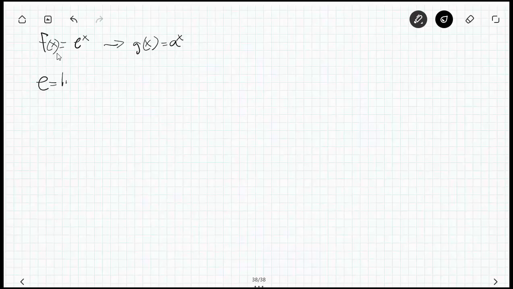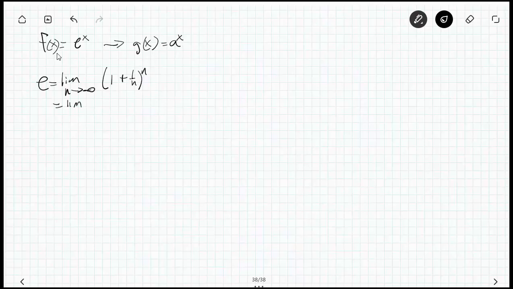e is defined as the limit as n goes to infinity of 1 plus 1 over n to the n. That is e, okay? This is how Euler defined it, e after Euler. Don't call him Euler, drives me nuts, which means, of course, you're going to call him Euler.